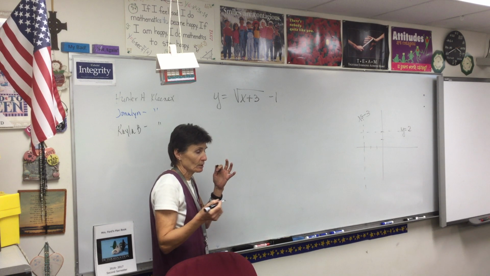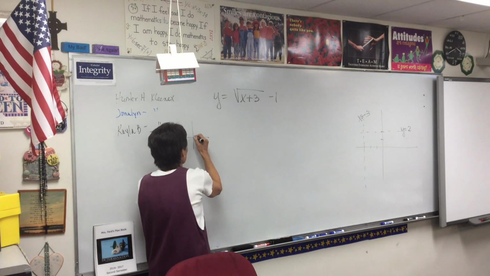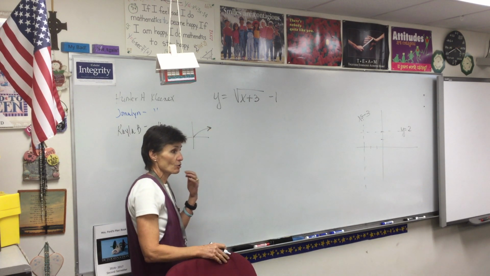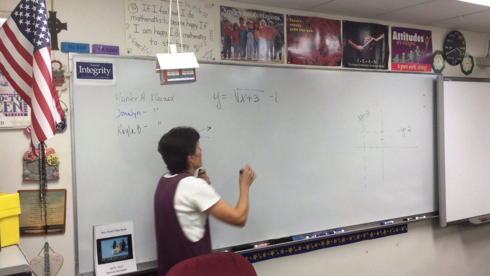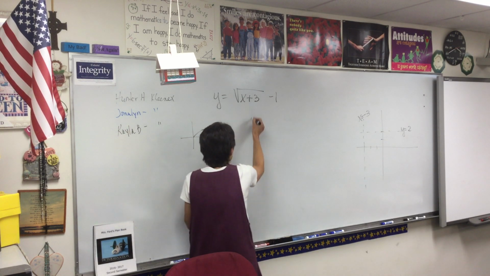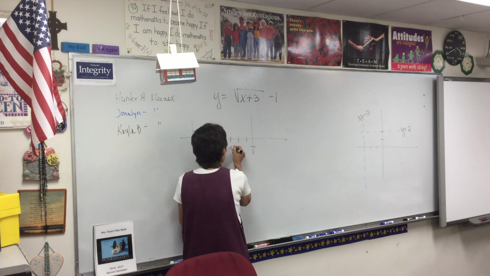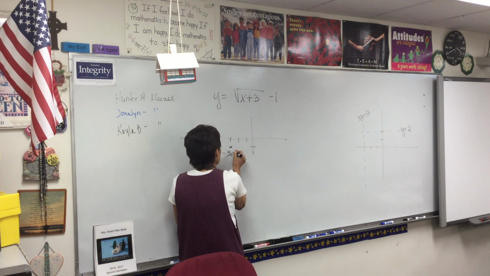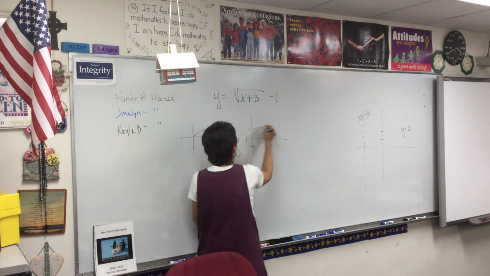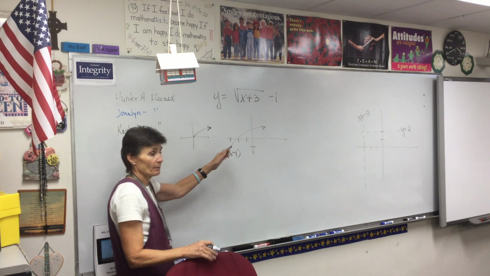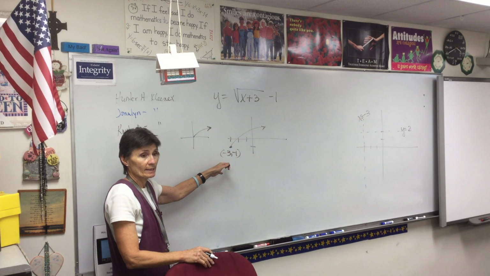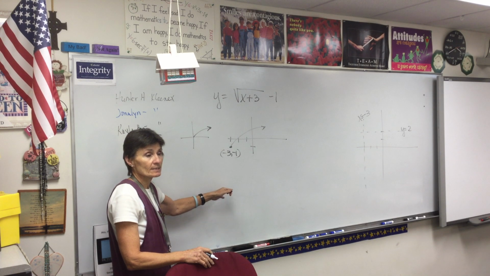Okay, what does the shape look like? We should all know now that that's our shape. But this tells me what? Left 3, down 1. Very good. So left 3, down 1, same shape, just situated in a different place.